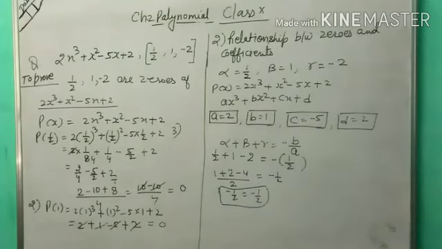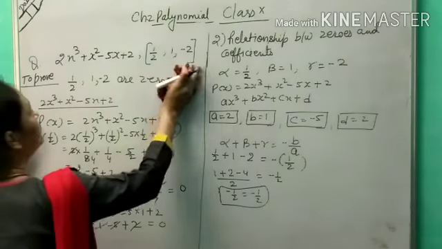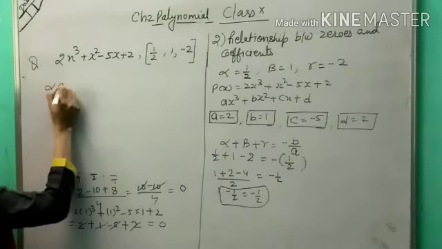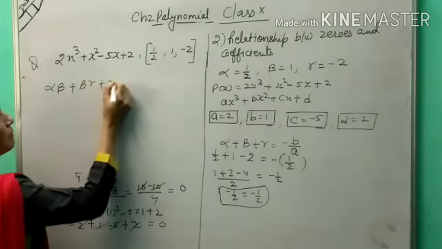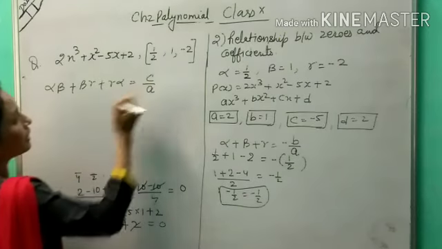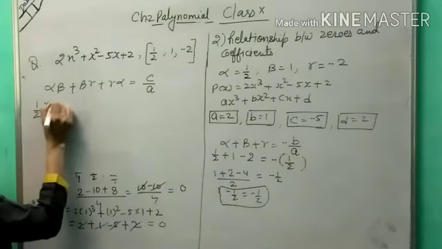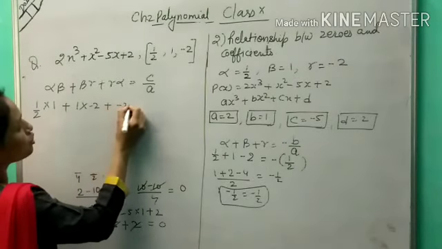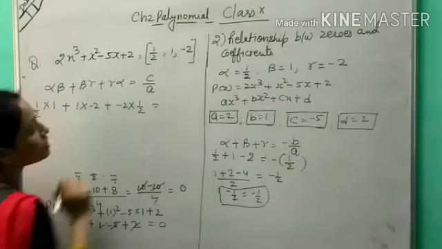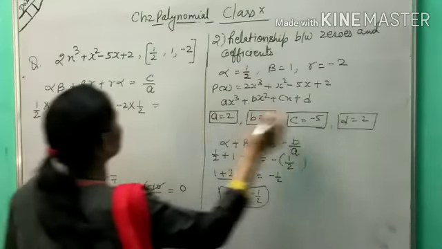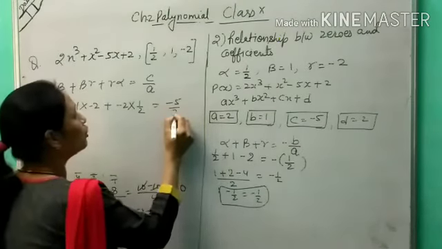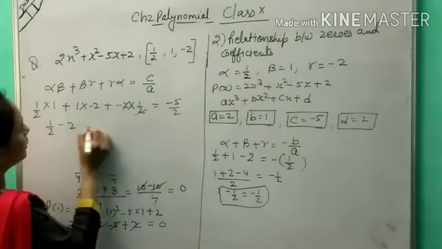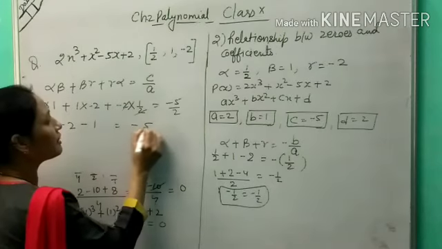Now the second relationship we will take. Alpha beta plus beta gamma plus gamma alpha is equal to c upon a. Alpha we have 1 upon 2, beta we have 1, gamma we have minus 2: 1 upon 2 into 1, plus 1 into minus 2, plus minus 2 multiplied by 1 by 2, is equal to c upon a. c is minus 5 and a is 2. 1 upon 2 minus 2 minus 1 is equal to minus 5 by 2.